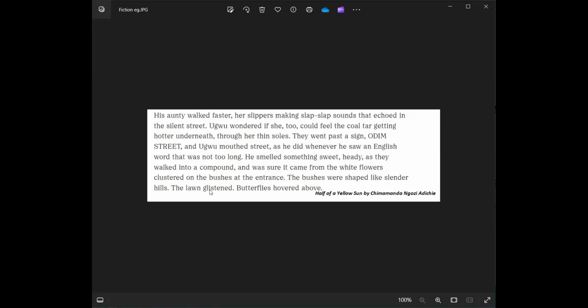Okay, so if we just have a look at that extract, what features does that have that we would expect to see in a fictional text like a novel? Can anyone tell me any features they can see there? So I'm just going to quickly show you those features.